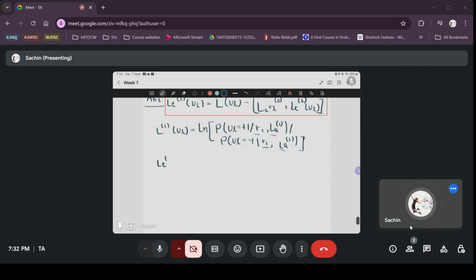So LE1 of UL, after interleaving of course, is passed to decoder 2 as its a priori probability LA2 of UL. Okay, we are done with that question.